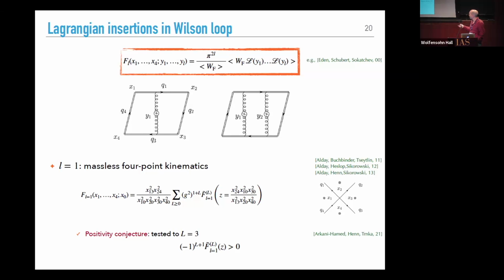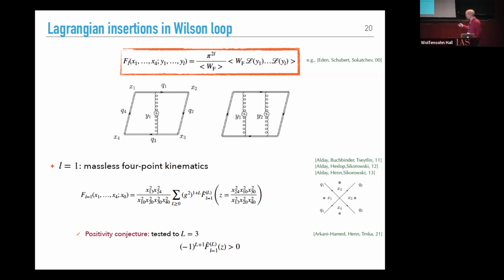And it turns out that the kinematics underlying the functions that appear in this expansion are just 4-point kinematics. This is because in principle you would have 5 variables, but then you can take 1 point to infinity, and then this reduces to 4-point kinematics.